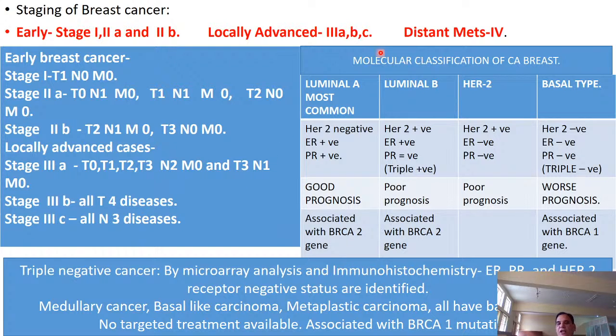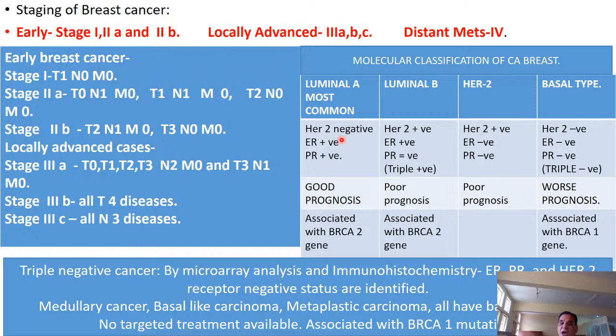And this is what is called the molecular classification of CA breast. If possible, try to remember. They may ask sometimes. It is luminal A cancer, luminal B, HER2 and basal type. This is a basic classification. Here the prognosis differs. This classification is mainly dependent on the prognosis. Fortunately for us, luminal A is very common.